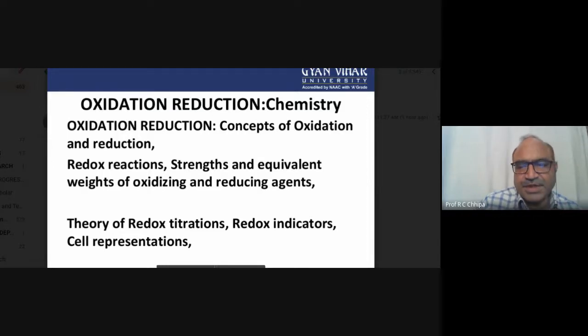Then the cell representation, which is well known, because in cells there will definitely be reduction or oxidation.